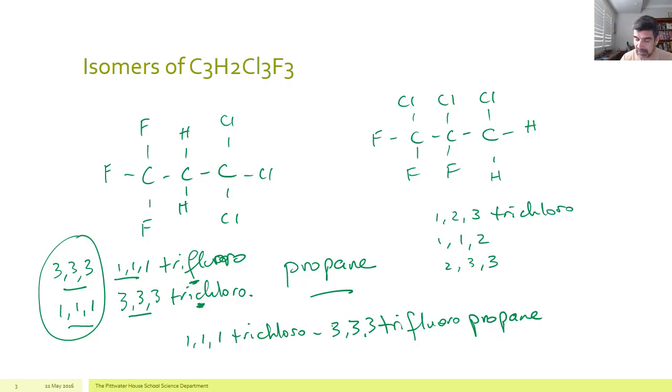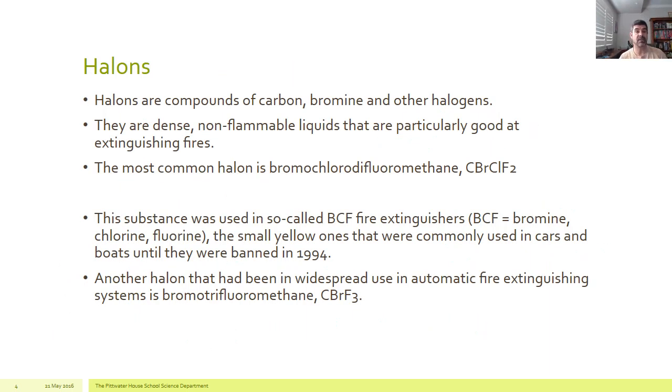And again, depending on whether I'm going 1, 2, 3 or 1, 2, 3, the rule is smallest number, so this one's out. So it'll be 1, 2, 3 trichloro, 1, 1, 2 trifluoro propane. Getting used to isomers takes a little bit of practice, and just working them around and playing with these names is going to be useful for you just to get an idea of what's what.